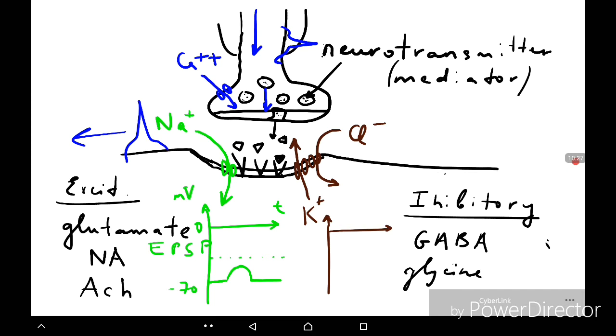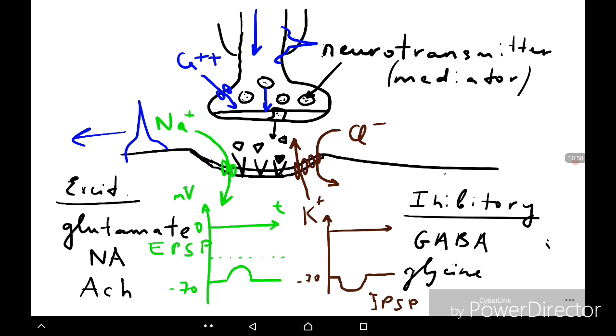So we can draw the inhibitory postsynaptic potential, or IPSP. In that case, we have hyperpolarization of the membrane. Chlorine is negative, goes in, potassium positive goes out, so the potential decreases.